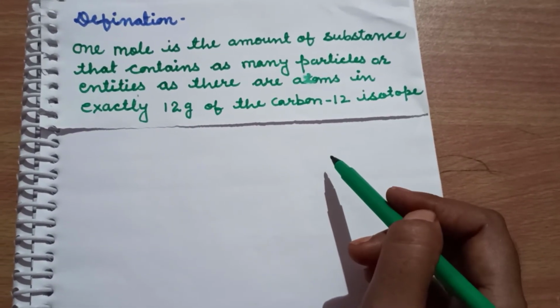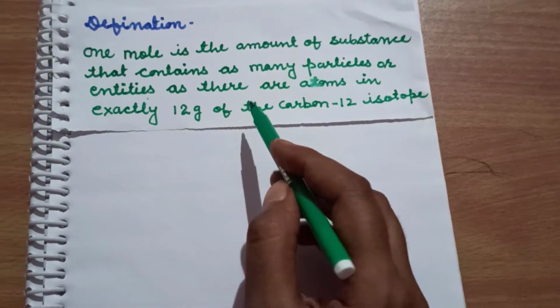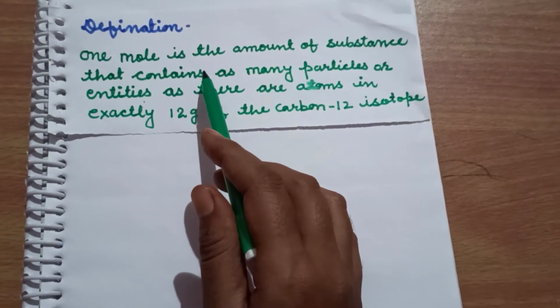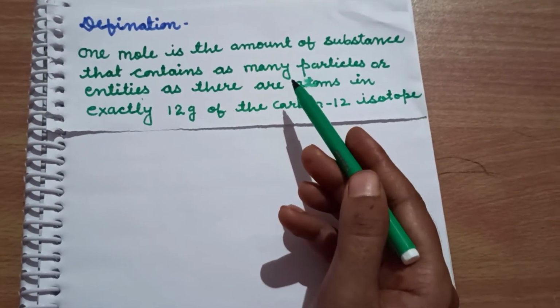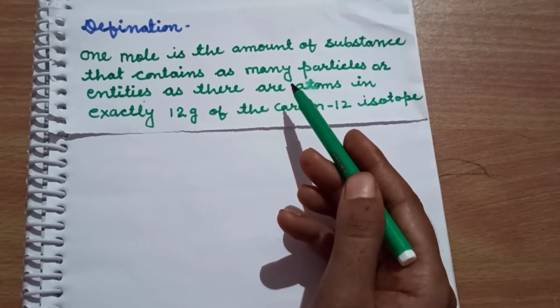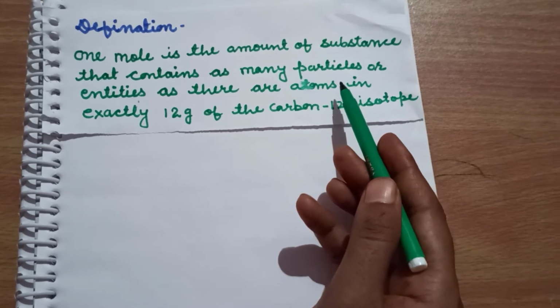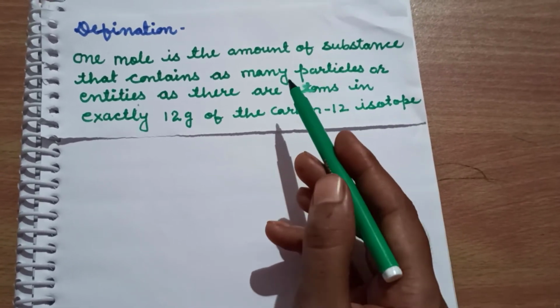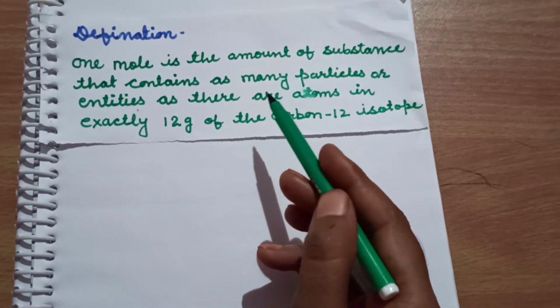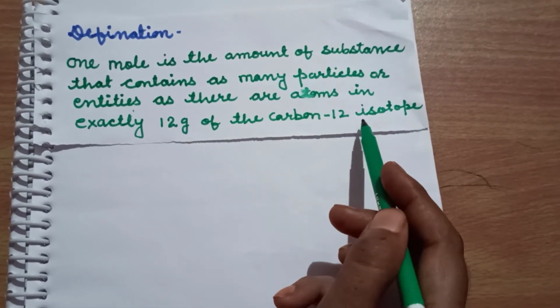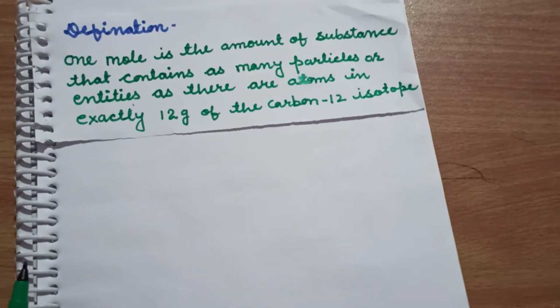What we understand from this? Mole is the number which is equal to the atoms in 12 gram of carbon-12 isotope.